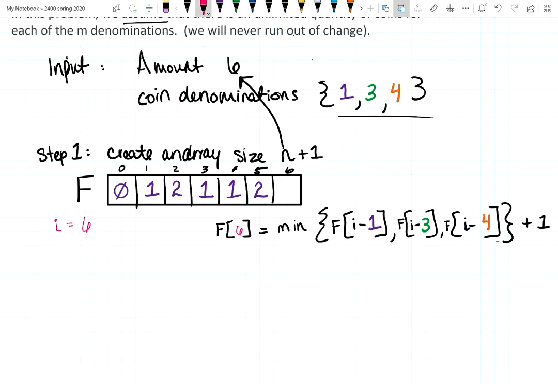So f of 6 is equal to the minimum between 6 minus 1, which is 5. f of 5 is 2. 6 minus 3 is 3. f of 3 is 1. 6 minus 4 is 2. f of 2 is 2. Minimum between 2, 1, and 2 is 1. 1 plus 1 is 2. Increment i, it is now 7.